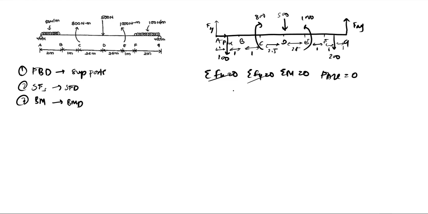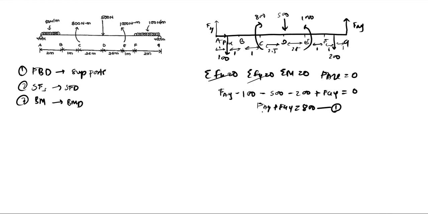So we have summation Fy 0, which will become FAY, because of the reaction force at A, minus 100 because of the UDL, minus 500 because of the point force at D, minus 200 because of the UDL again, plus FGY will become 0. So we have FAY plus FGY as 800. This is our equation number 1.